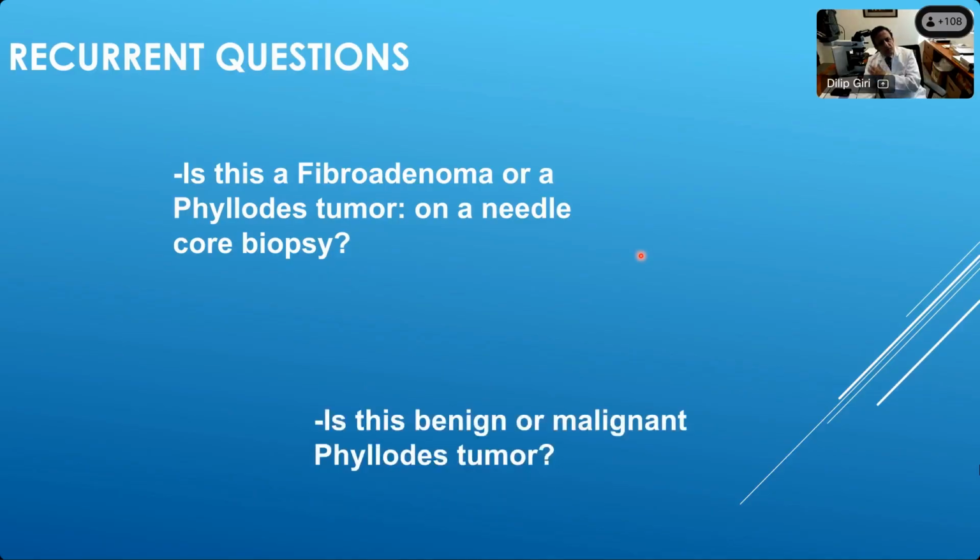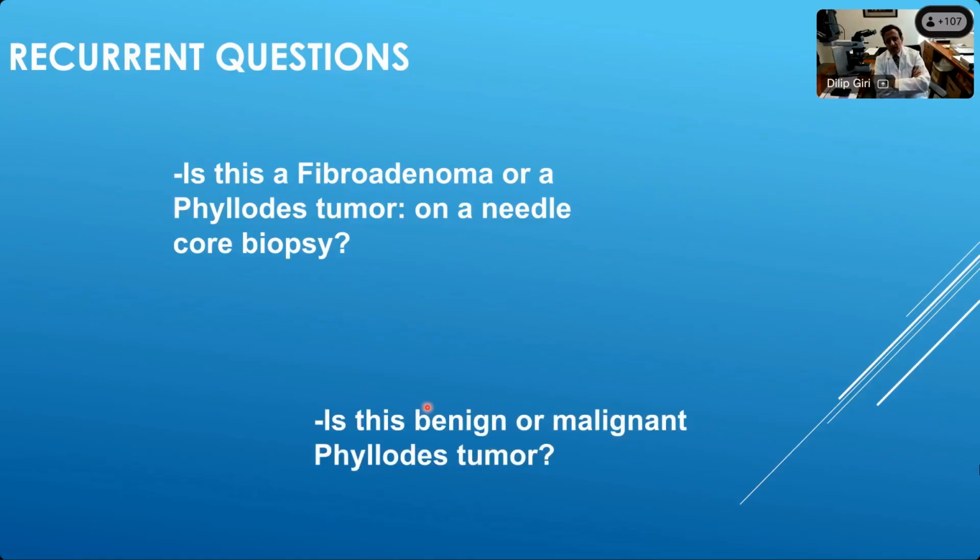And then, of course, the other important question is, once you decide something is Phyllodes tumor on an excision specimen, is it a benign Phyllodes tumor or is it a malignant Phyllodes tumor? Obviously, a benign Phyllodes tumor is almost like a fibroadenoma in terms of its natural history, because nothing bad is going to happen to that patient. All you need to worry about is whether there is going to be recurrence at some stage.